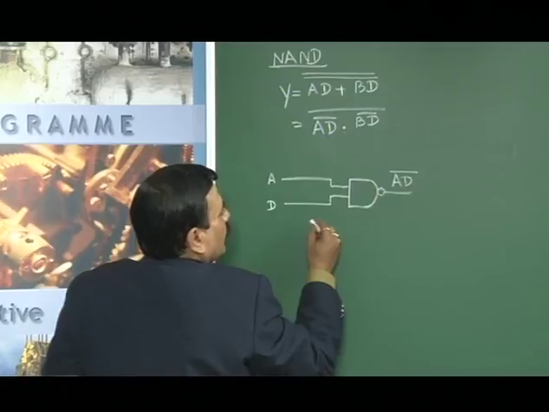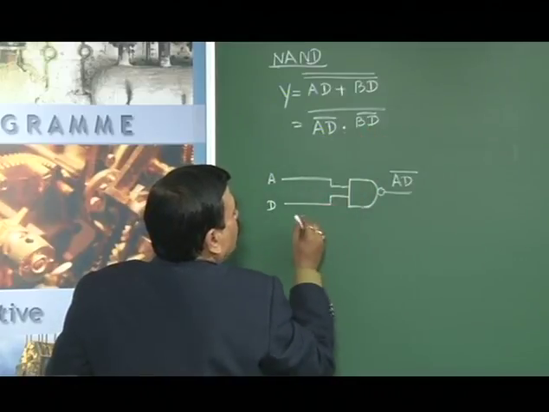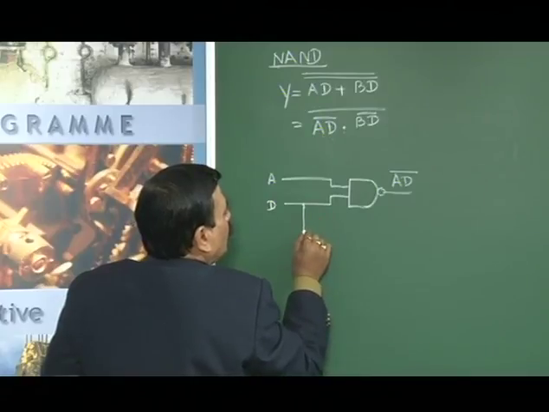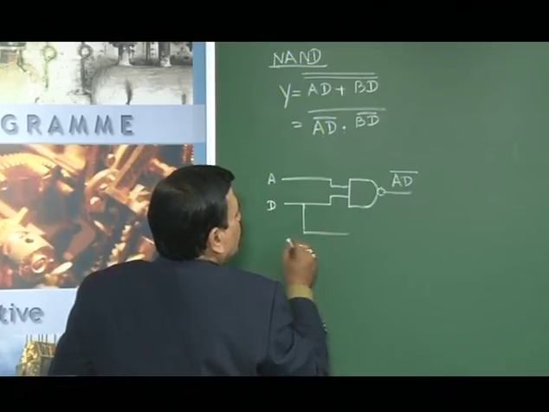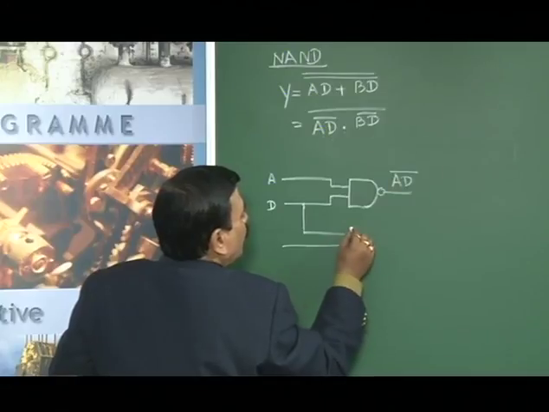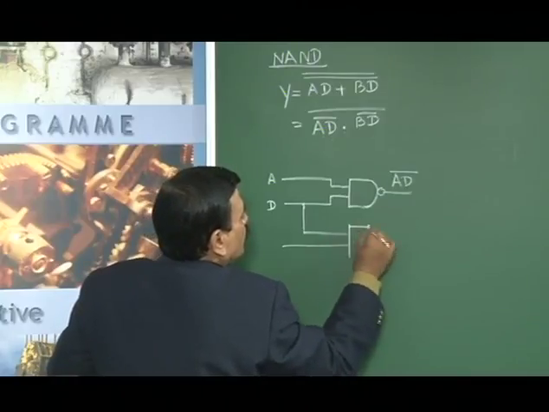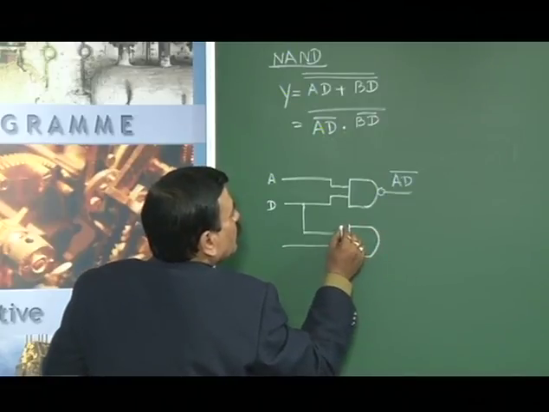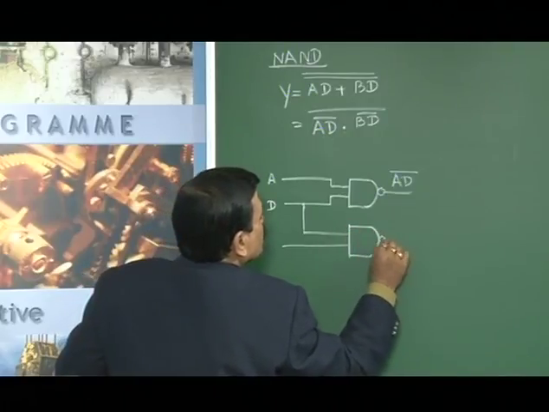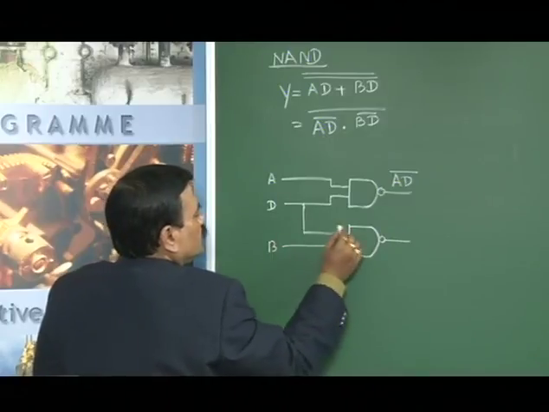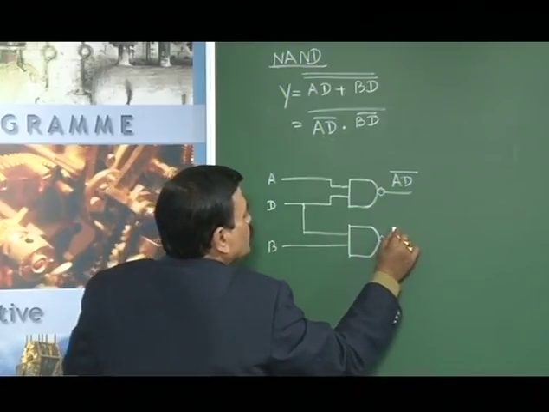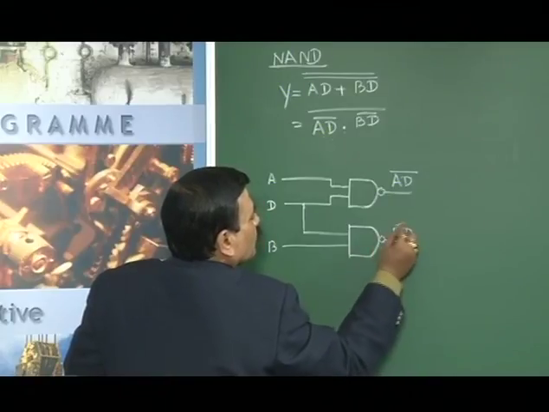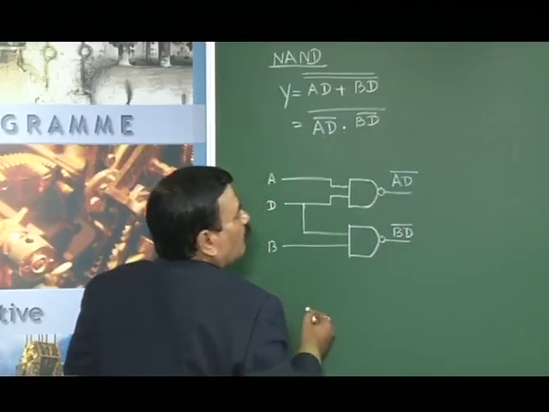Next, to solve B and D, I can take the D value which is already available to the input of another NAND gate, and the B value is also taken. If we add these two at the input, then this is the outcome. So here this is B. Now this value is equal to B dot D, because of this complement.